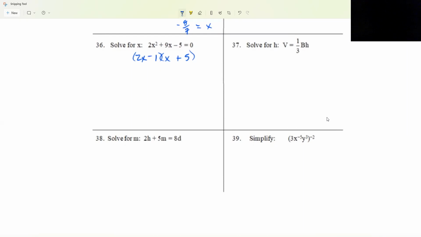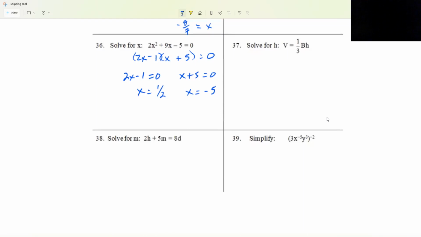So this is going to be plus and minus. That's what you're going to get once you've AC'd them. Now you take each of those factors and set it equal to 0. Add 1, divide by 2, you're going to end up with x is equal to 1/2. You got x plus 5 is equal to 0. So subtract 5 from both sides and you get x is equal to negative 5, and there's your answer. These next two are literal equations.